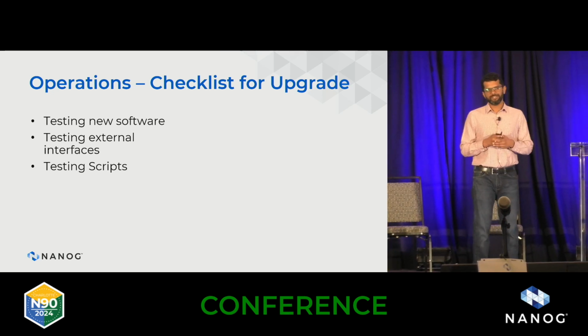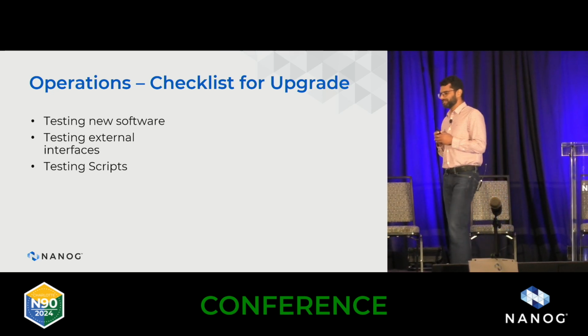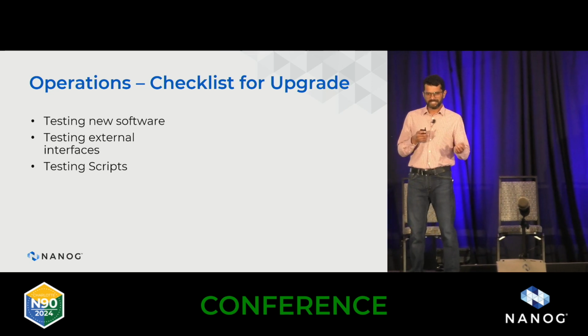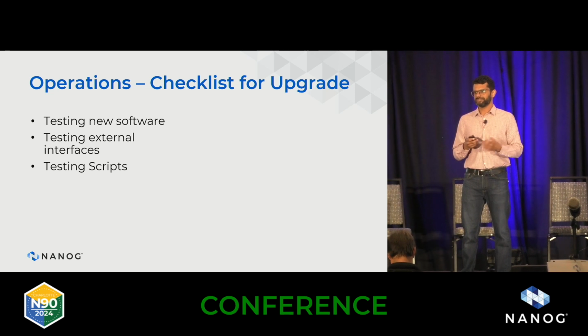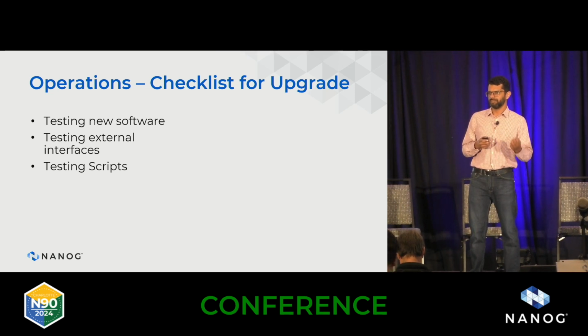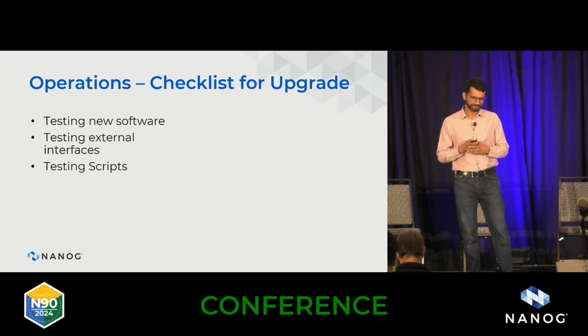And also testing your automation scripts, right? Your automation scripts might be written for a certain release, expecting a certain response for the API calls. We need to make sure that in the new software release, the API calls are returning the same response. There's no changes in those responses.